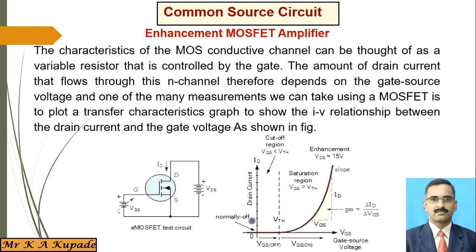That means we keep the VDS constant and vary the VGS. Whatever ID we get for the variable VGS is used to plot the DC characteristics of this amplifier.